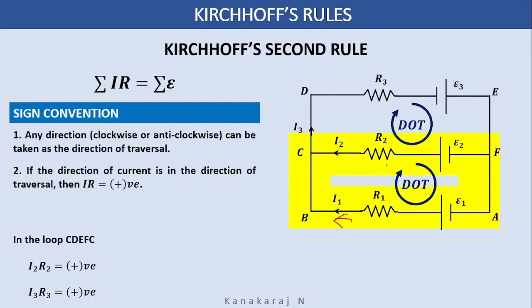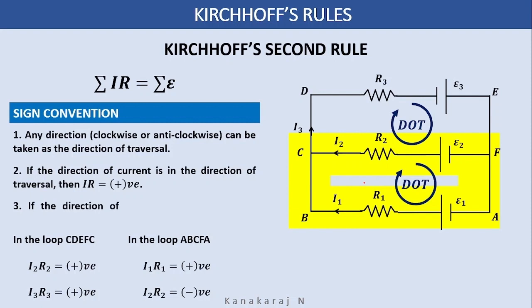So, I2R2 is negative. I1R1 is positive and I2R2 is taken as negative. So, we can say that if the direction of current is opposite to the direction of traversal, then IR is negative.